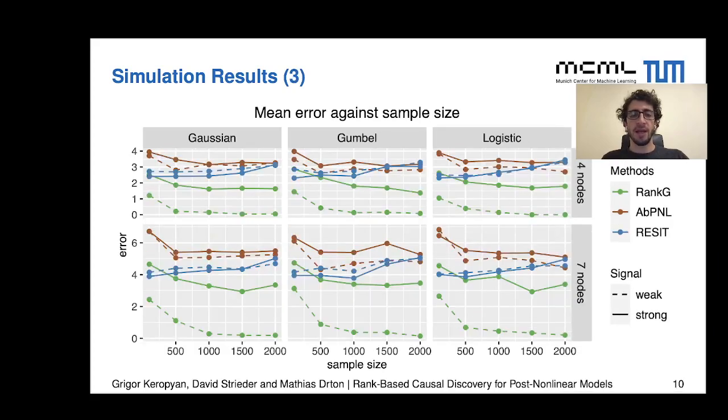For larger sample sizes, we compare rank G, ABPNL, and RESIT methods for causal graphs with 4 and 7 nodes. The rank G method is computationally efficient, with computation times comparable with the ABPNL method, and outperforms the competition in all settings. Especially in the low SNR case, the rank G method performs significantly better and recovers a valid causal ordering even for smaller sample sizes.